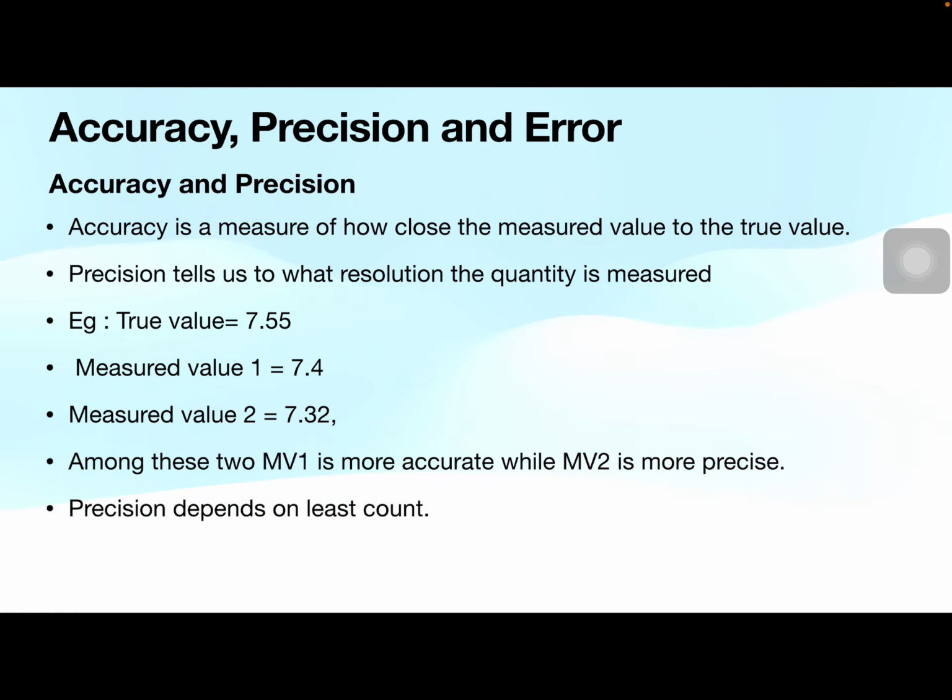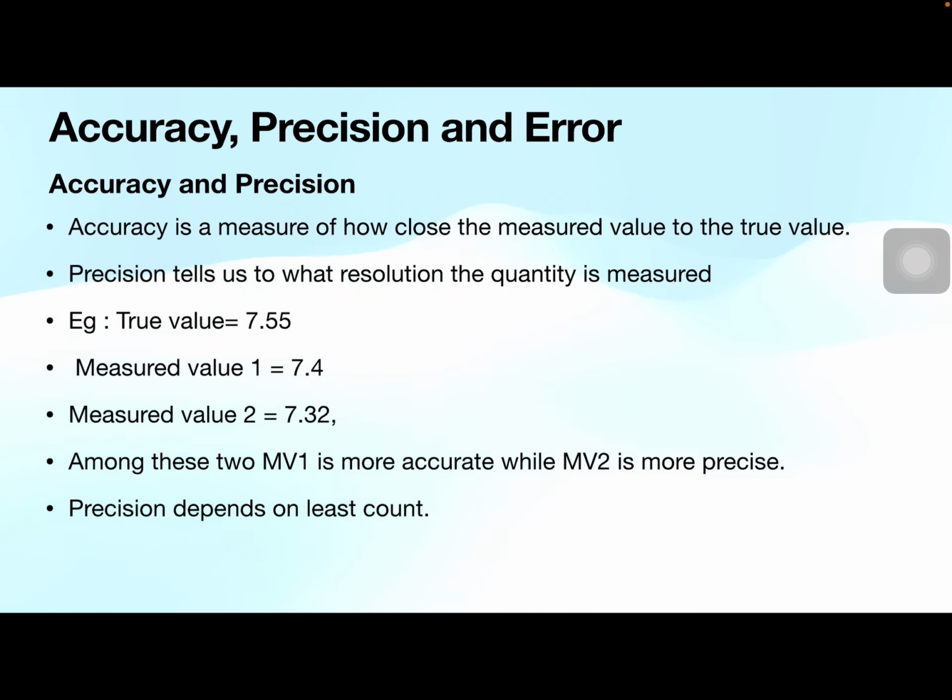But the second person is using another instrument whose least count is 0.01. In that case he can measure the values 7.41, 7.42, 7.43 and so on. Here he got the value 7.32. That means his reading has a least count of 0.01, which is more precise compared to the first case.